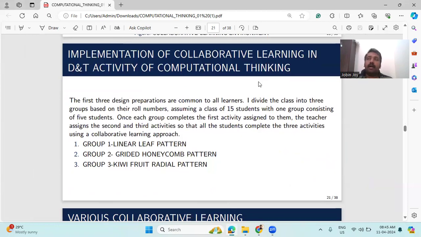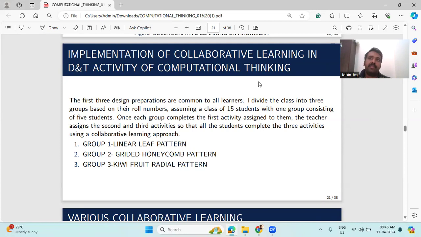Then how I implemented the concept of collaborative learning in the design and technology activity of computational thinking. I already mentioned the first three design preparations are common to all learners: the linear leaf pattern, the honeycomb gridded pattern, and the third one, the 360-degree radial kiwi fruit pattern.